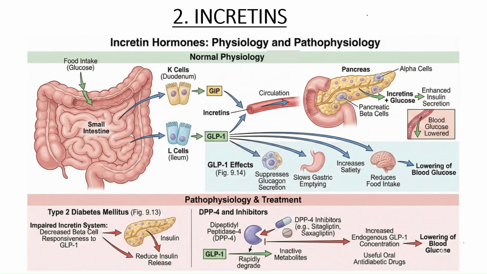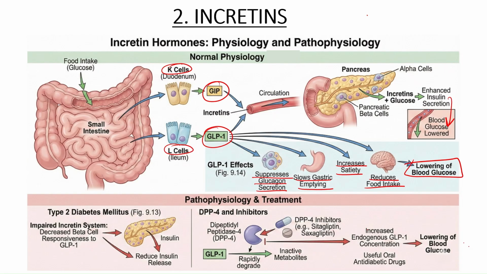Two important molecules related to the incretins are GIP and GLP-1, secreted by K cells in the duodenum and L cells in the ileum. The GLP-1 suppresses the glucagon secretion, slows the gastric emptying, increases the satiety, reduces the food intake, and finally lowers the blood glucose, along with increasing the insulin secretion. Whereas GIP reaches the pancreas, stimulates the insulin secretion, and by that it decreases the blood glucose.